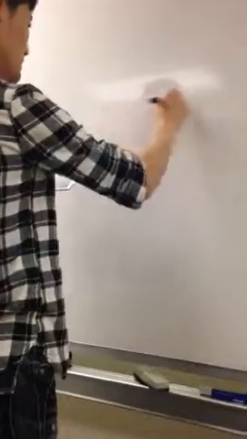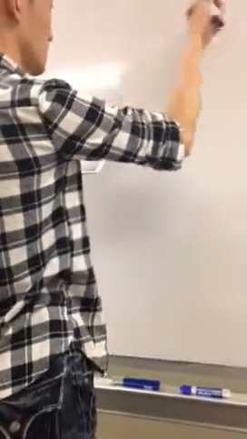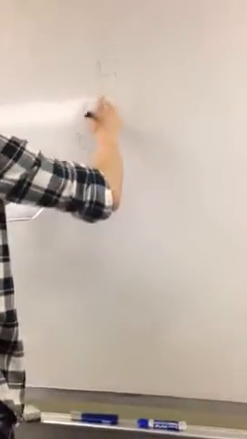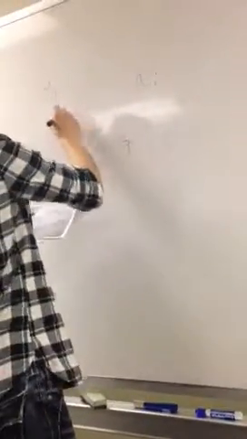Next one. At t equals 0, a particle leaves the origin with a velocity. For the rest of the questions, you need to separate them into x-axis and y-axis. The initial velocity was 9 meters per second in the positive y-axis.